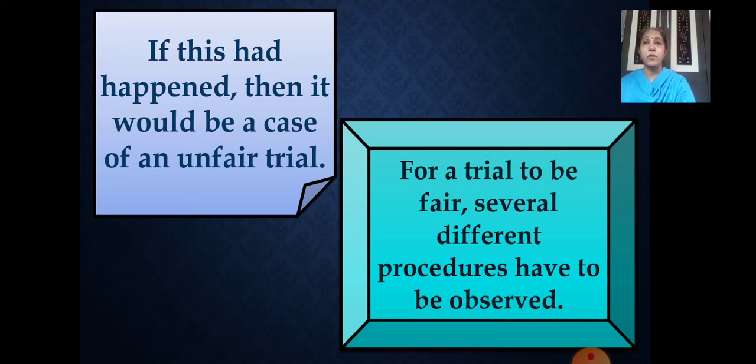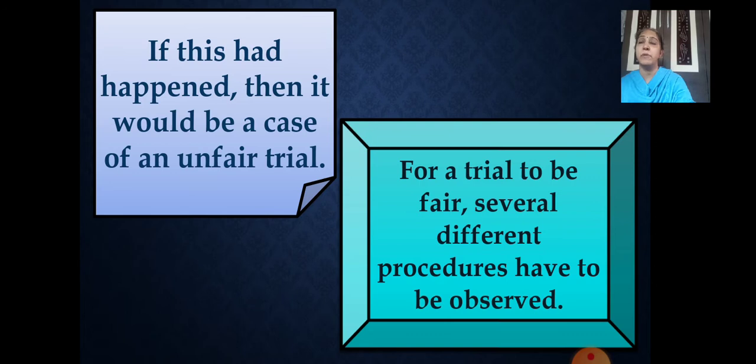Okay, so what is to be done for a trial to be fair? For a trial to be fair, several different procedures have to be observed. It is not an easy process to have a fair trial, right? If that accused person doesn't get that defense lawyer, everything is going to be unfair to her.